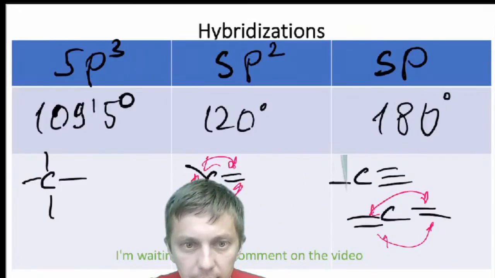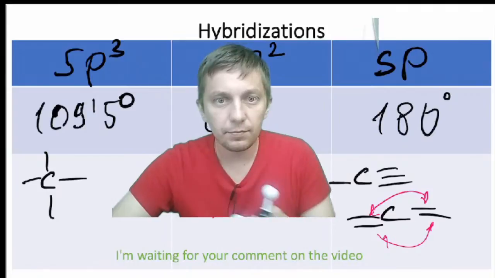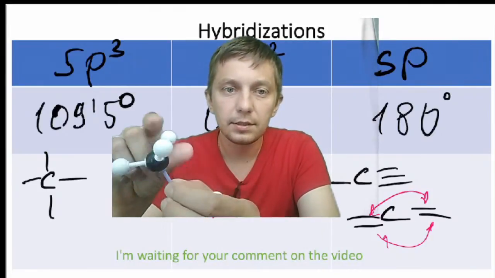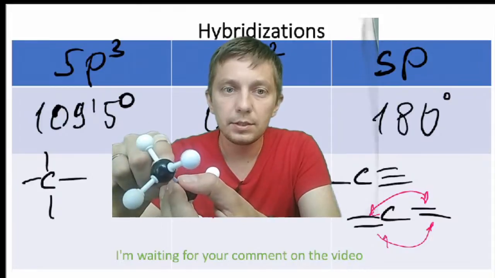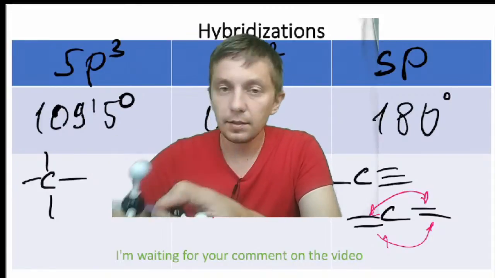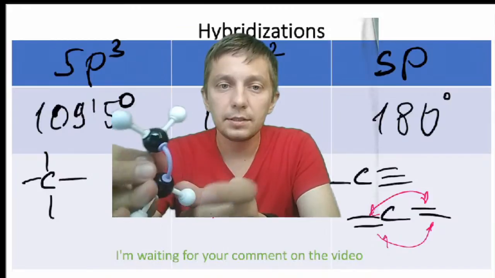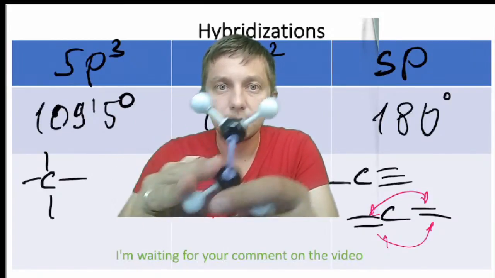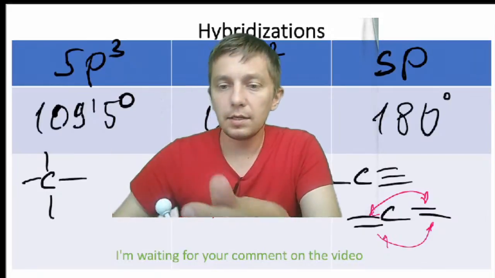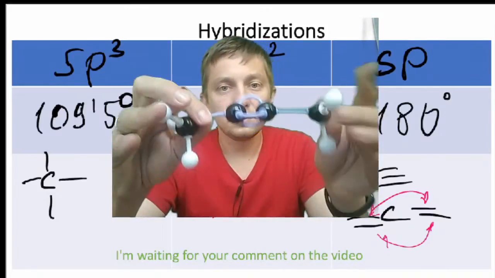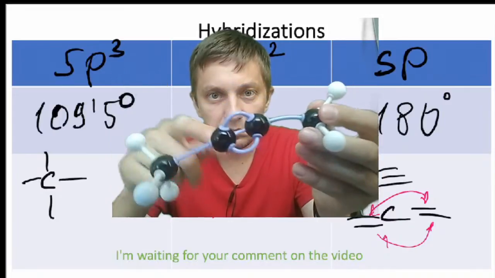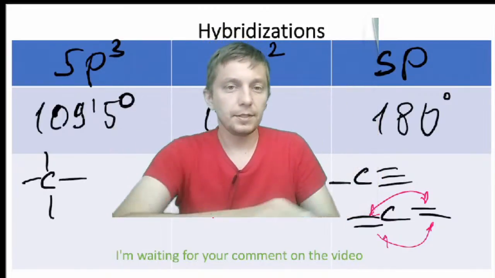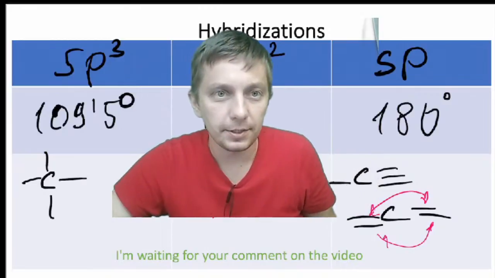If we look, all angles here with this carbon are equal. All angles here are also equal. And all angles here are also equal. So that's how we're dealing with hybridization.